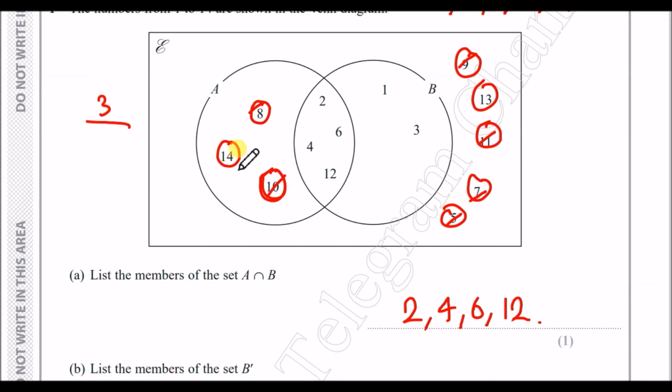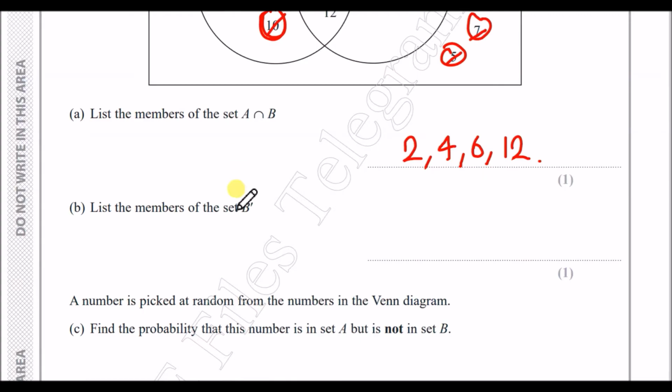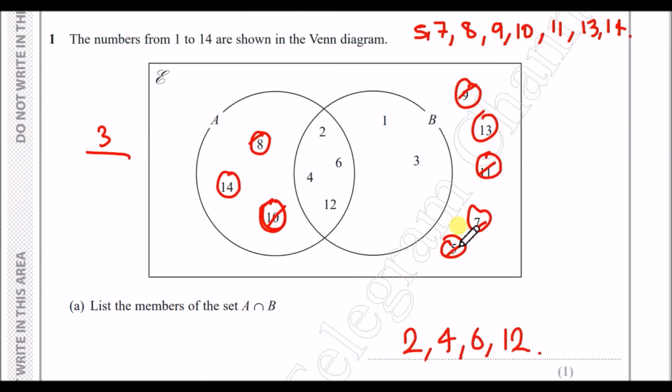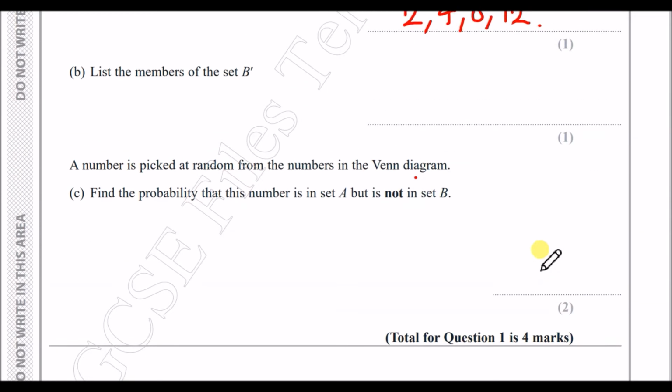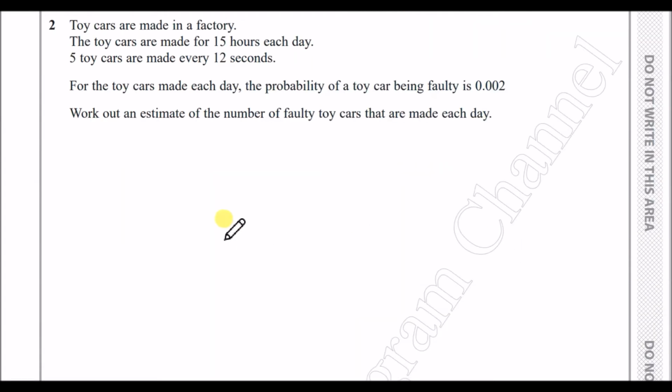Because probability is always out of something, and in this case a number is picked at random from any possible number in the Venn diagram, we have 14 possibilities. We know there's 14 because we can count them up, or it tells us here, numbers from 1 to 14. Therefore, the probability is 3 out of 14 to pick an element that is strictly A, with no B interference or outside interference. And that's it, guys. That's one done. So let's move to 2.